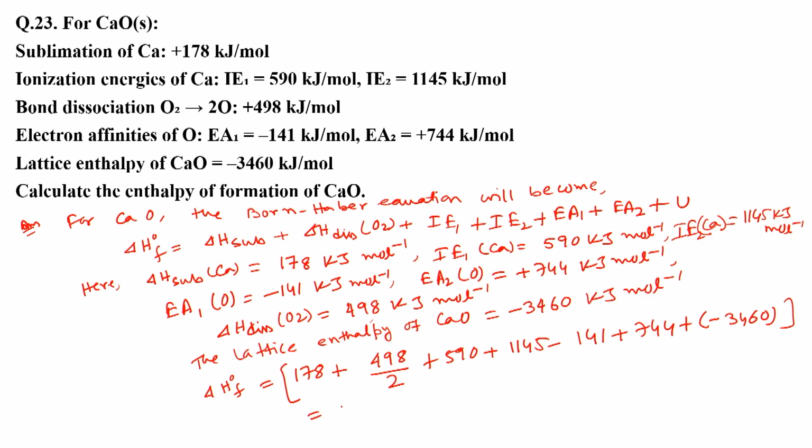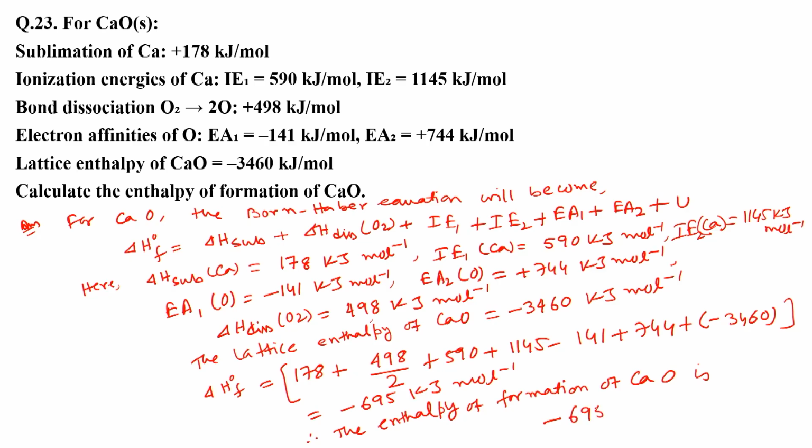So if we calculate this, we get the value of minus 695 kilojoule per mole. Therefore, the enthalpy of formation of CaO is minus 695 kilojoule mole inverse.